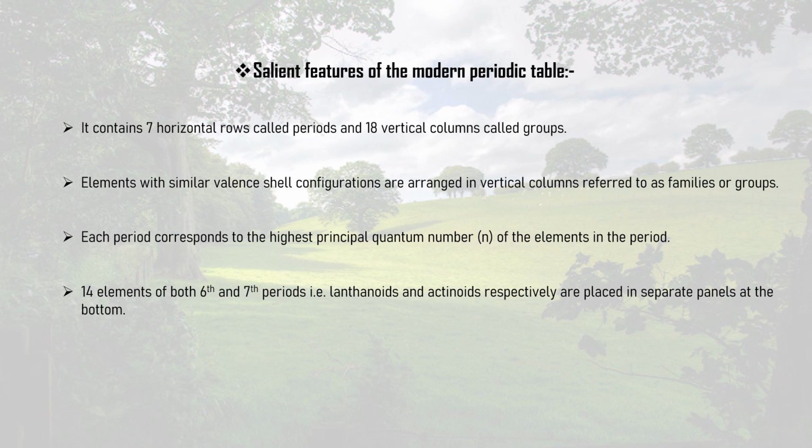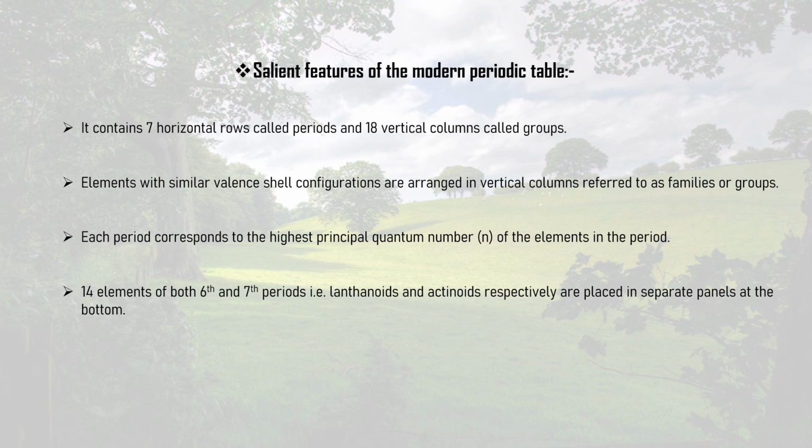That means that in the first period, only the first shell, the K shell, consists of only two elements, and subsequently when the periods increase, the number of electrons in the shells will also increase, like 8, 18, 32. K shell has 2 electrons, L will have 8, M will have 18, and N will have 32 electrons.